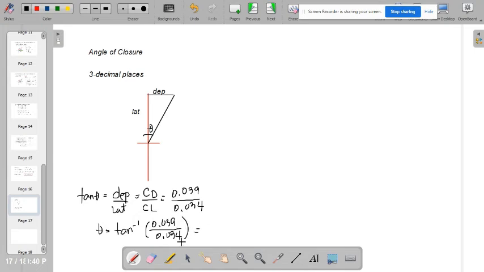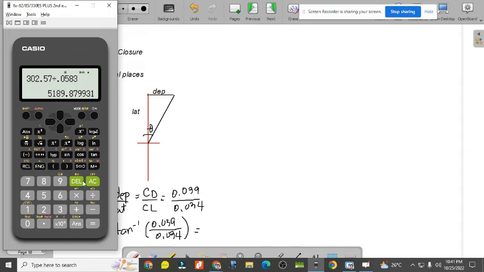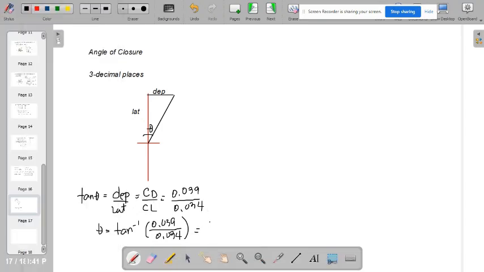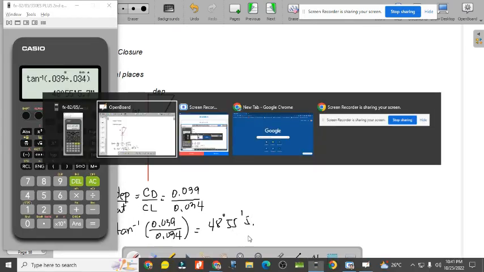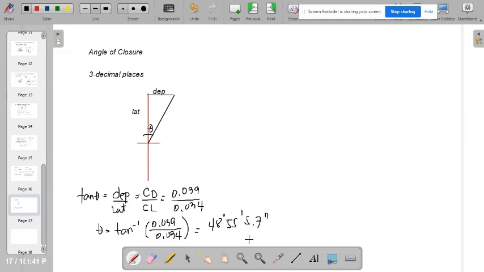Okay. So this is equal to, let's get our calculator. So arc tangent 0.039 divided by 0.034. Oh, so if you can see, 48 degrees, 55 minutes, and 5.7 seconds. Okay.